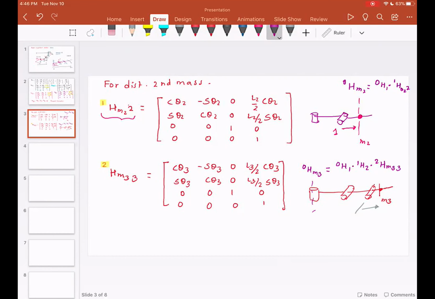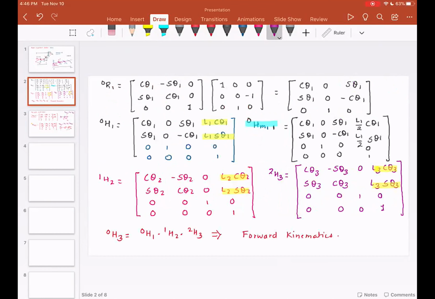Everyone understood? That is the difference from the previous case, wherein H01 is the transformation from the 0th frame to the first frame. But I really need from the 0th frame to mass M1. And then I would use all this information to find out the distances to the second and third mass.